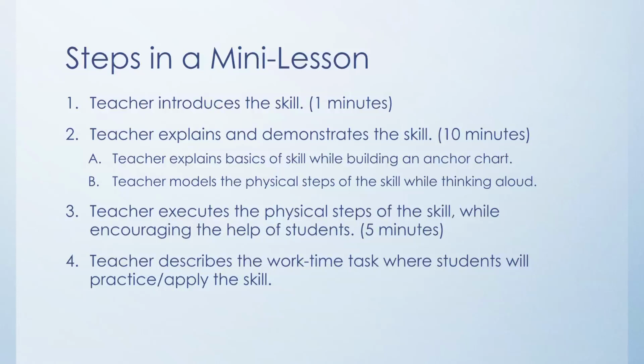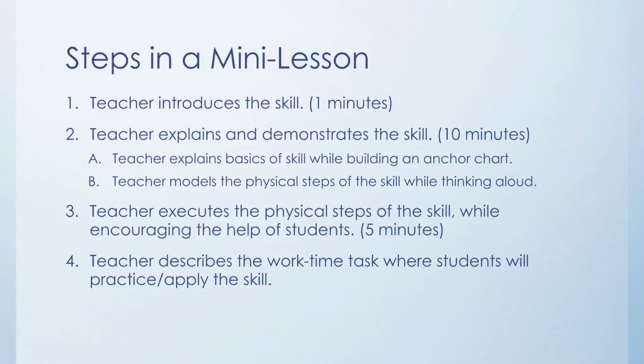The first part, for 5 minutes, is where you're going to explain the basic skills, and you're going to have an anchor chart that you will use. In an additional 5 minutes, you're going to model the physical steps while you think aloud so that they can see your thought process.